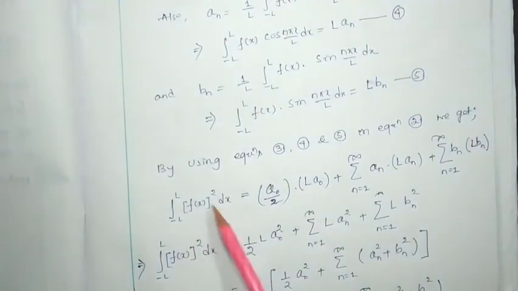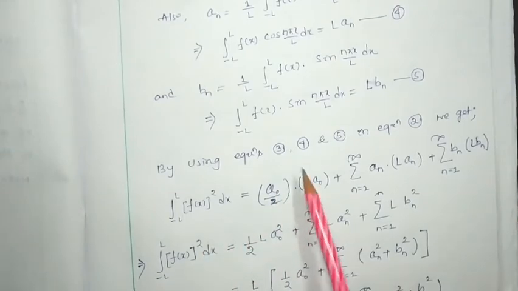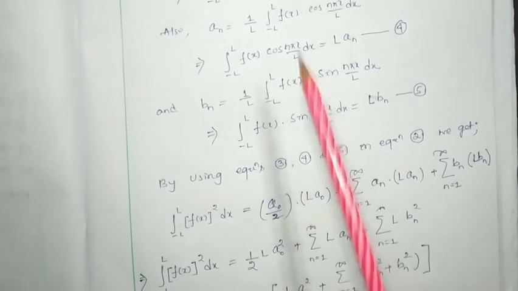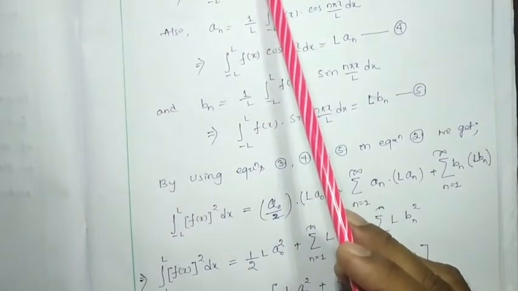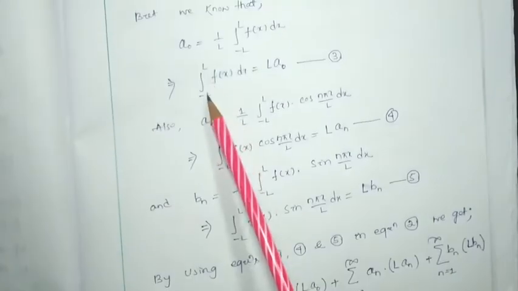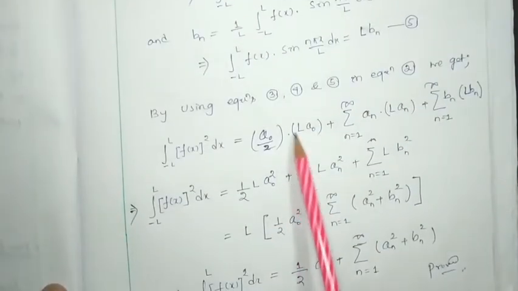It will be integral from minus L to L of f(x) square dx, a0 by 2 will be there initially, and the value of integral from minus L to L of f(x) dx will be L a0. So it will be L a0.